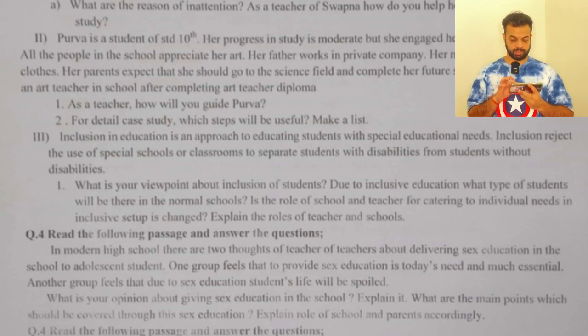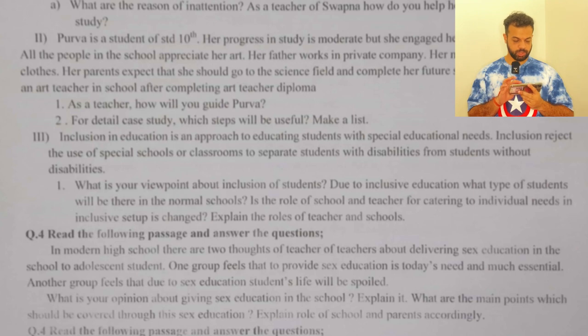Make a list, right? The third situation given is: inclusive education is an approach of educating students with special educational needs. Inclusion rejects the use of special schools or classrooms to separate students with disabilities from students without disabilities.